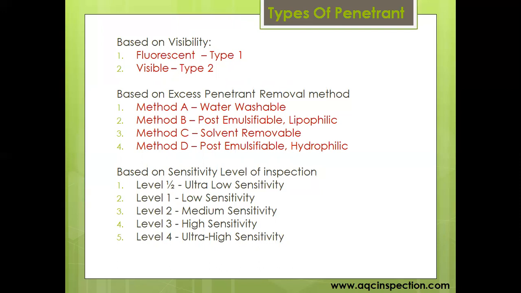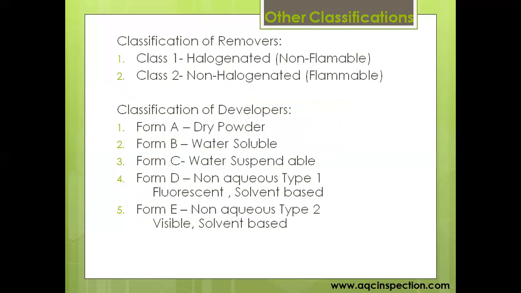Based on the sensitivity of inspection, penetrants are classified into level half, level 1, level 2, level 3, and level 4. Level half being ultra low sensitivity and level 4 being ultra high sensitivity. Other classifications.